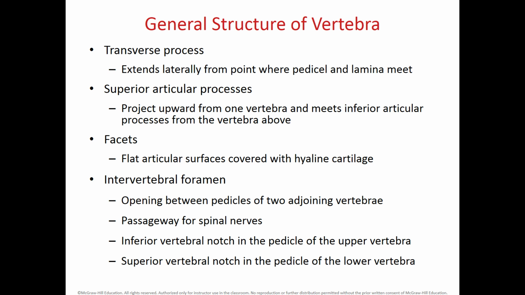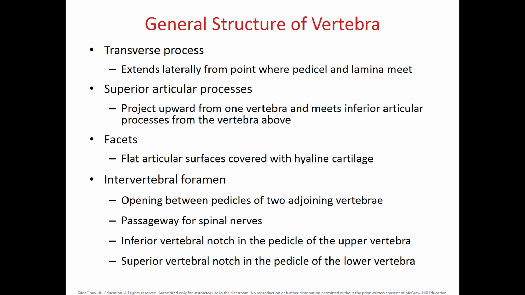The superior articular processes are upward projections that help to connect to the superior neighboring vertebrae, and they meet the inferior articular process from the vertebrae above to make this joint. The facets are flat surfaces covered with hyaline cartilage that allow the joint or bone-to-bone connection.